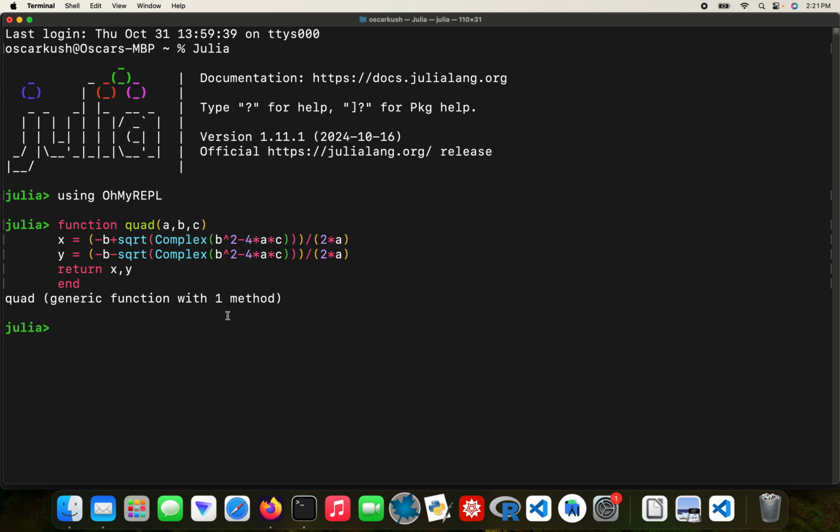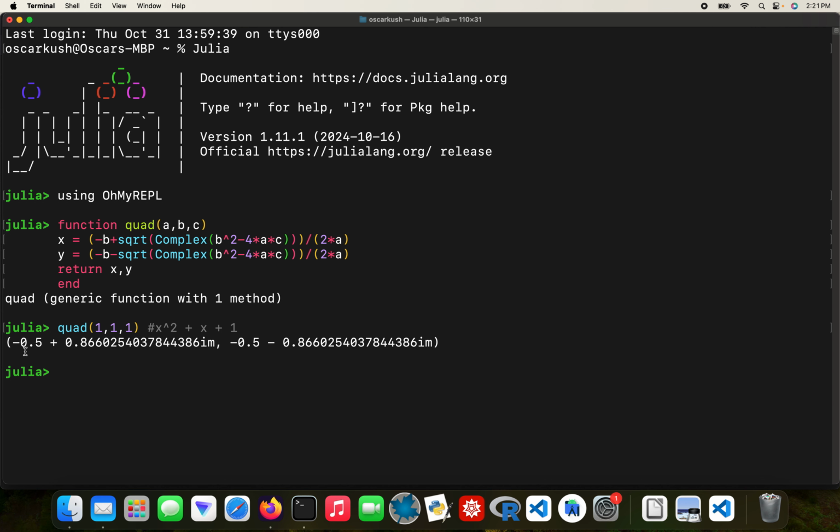The first equation that I'm going to solve, so quad 1, 1, 1. I'll type in the comment. That's going to be x squared plus x plus 1, so that's going to give us complex roots.